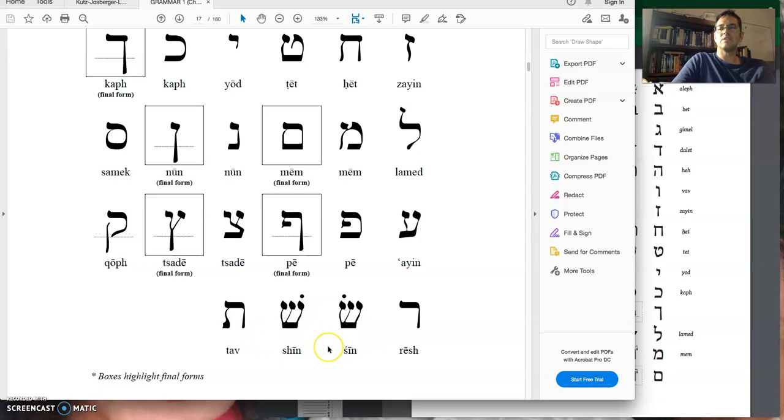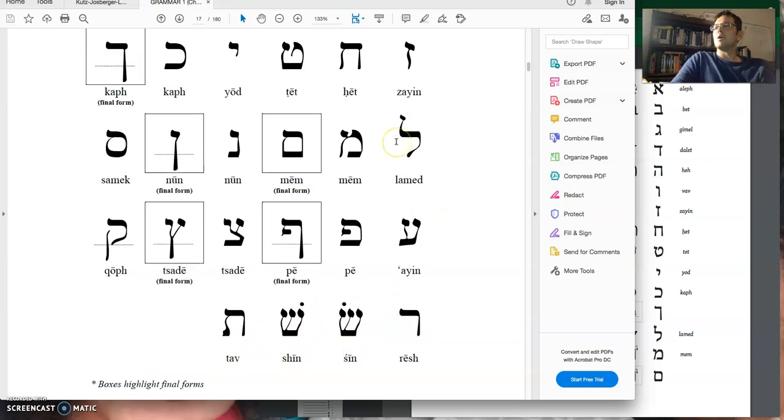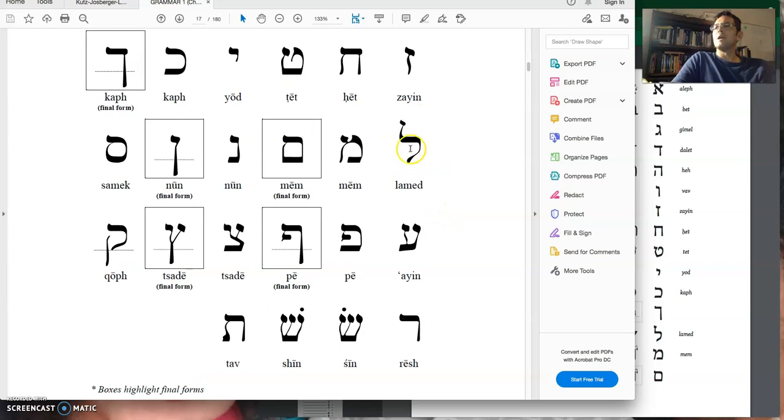Again, the sheen and the sin have conflated into one. So the second half goes Lamed Mem Nun Samech Ayin Pe Ayin Pe, Tzadik Kof Resh Shin Tav.